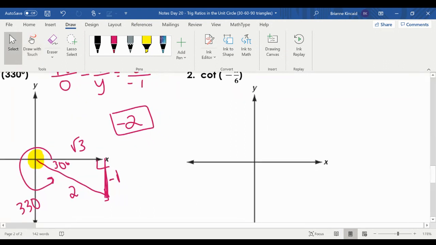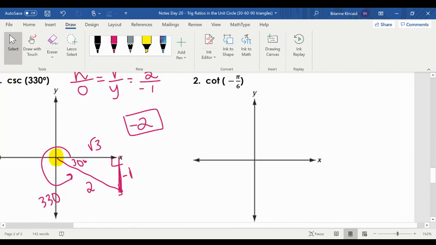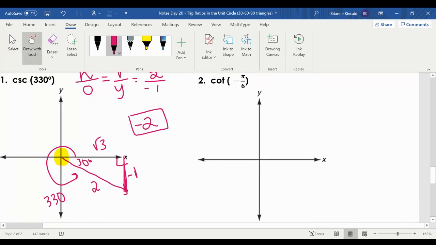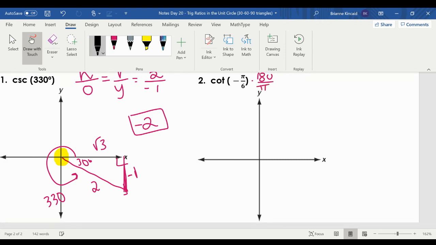So for the second example, once again, I'm going to want to convert this to degrees. I'm going to multiply by 180 over pi. My pi's are going to cancel. That gives me -180 over 6, which is just -30 degrees.